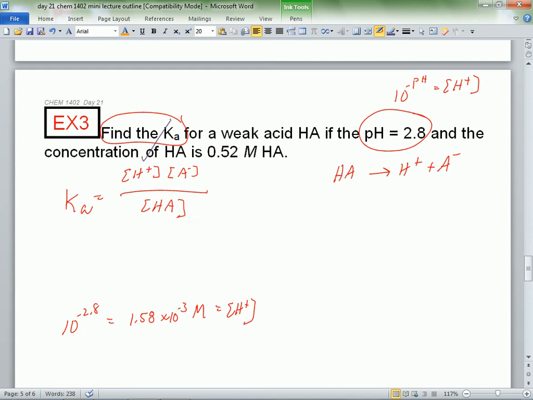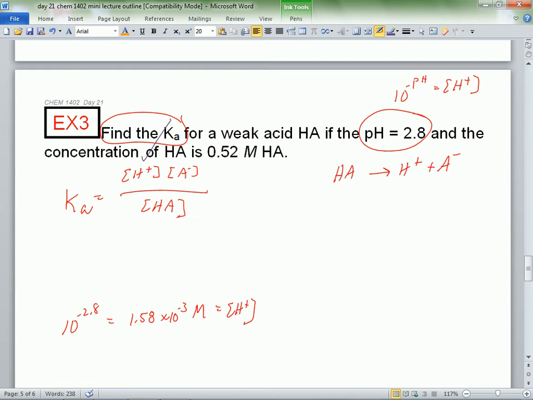So if you don't see it, I have to fill this ICE table out. I don't know if you can see it. You're seeing that H plus is the same as A minus, and HA is 0.52 minus X. You don't know if it's 0.52 or not, because you don't know what Ka is, right? If Ka is 10 to the negative 5, negative 6, negative 7, then it is just 0.52.